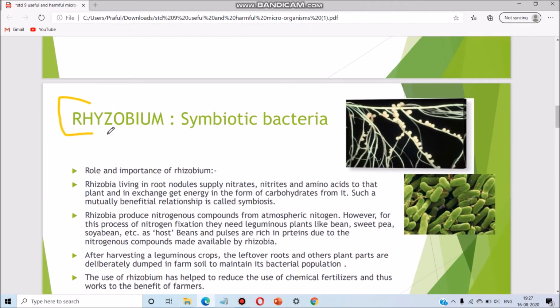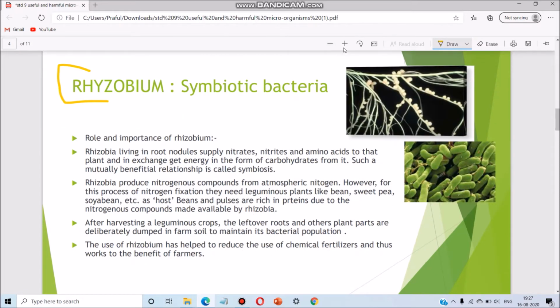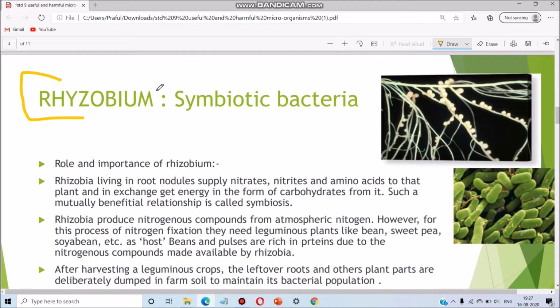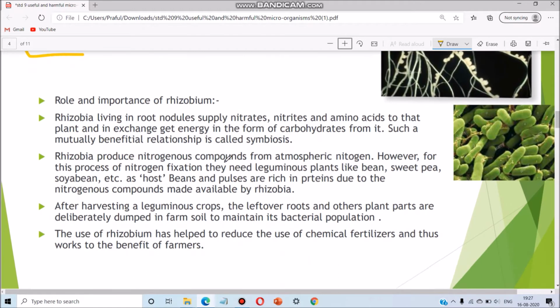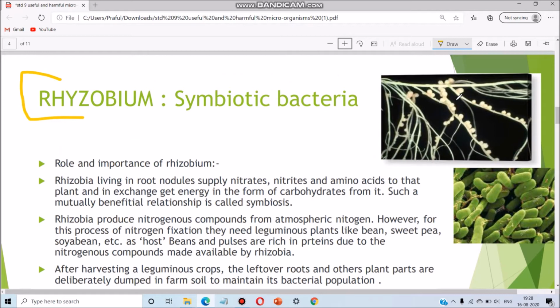It is also one of the useful bacteria, and this bacteria is also called symbiotic bacteria. So, the role and importance of rhizobium. Rhizobia living in root nodules supply nitrates, nitrites and amino acids. Here you can see the diagram where small nodules, or outgrowths, come over the root.